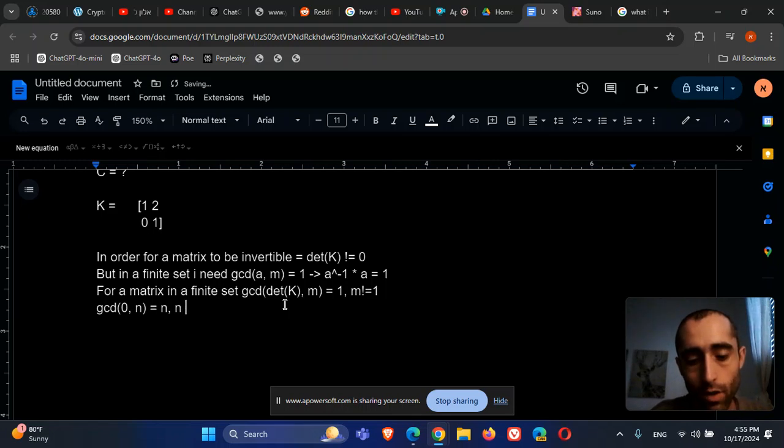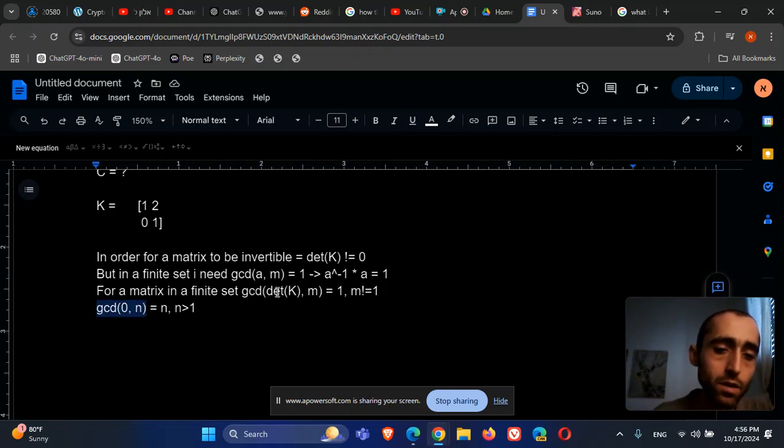If I take the GCD of 0 and something that is not 0, the result is just that non-zero value, and if n is greater than 1, this result will be greater than 1.